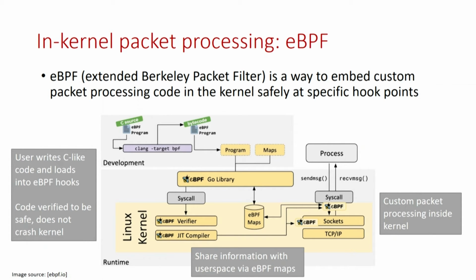The most common and popular one is what is called eBPF, or Extended Berkeley Packet Filter. Let's not worry about how this name came about, but what this means is that today in the Linux kernel, you can write programs called eBPF programs, where you can write packet processing: look at the packet, if this is the header, do this, do that.